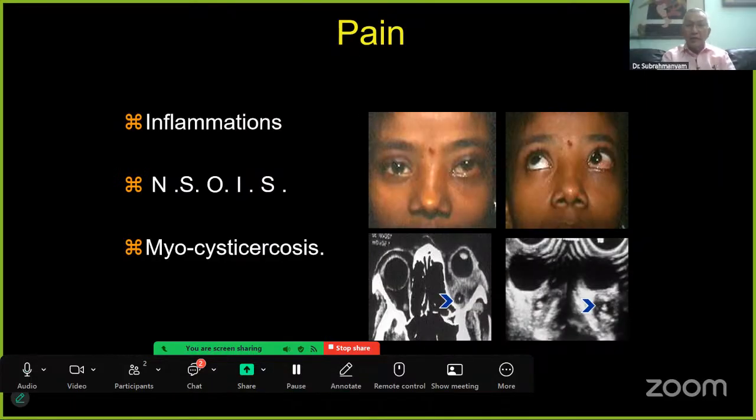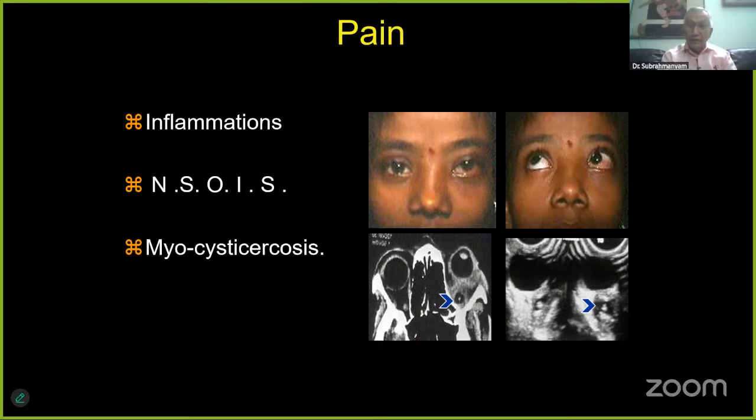Pain could be because of inflammations, apart from infections, or it could be non-specific orbital inflammatory syndrome or myocysticercosis.